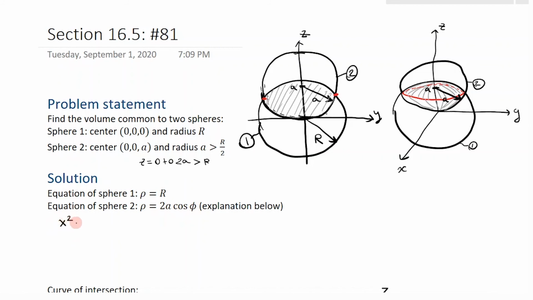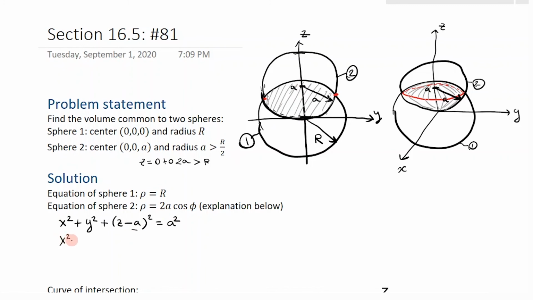The second sphere is given by x squared plus y squared plus (z minus a) squared equals the radius squared, which is a squared. This a is because the sphere is shifted up by a.